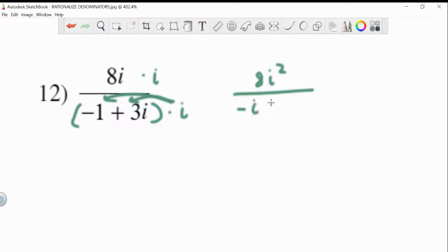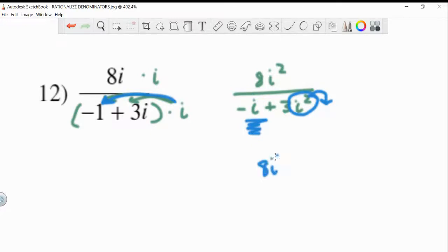Same idea, right? Be able to get rid of our I and turn it into a negative 1. Actually, not really, because this I is still on the bottom. When we distribute this I, it's going to get stuck, and this I cannot be removed, okay?